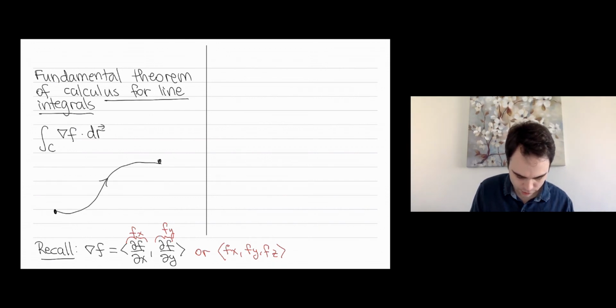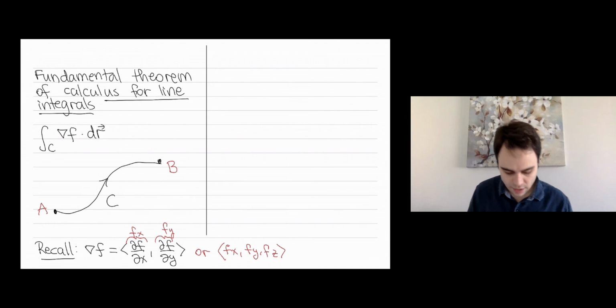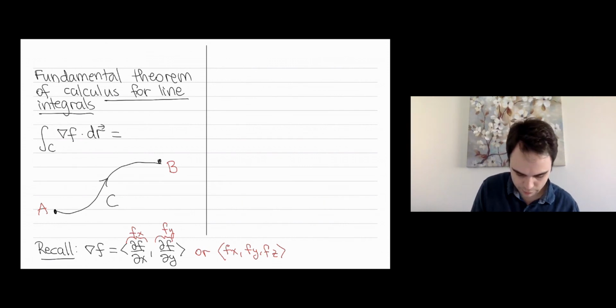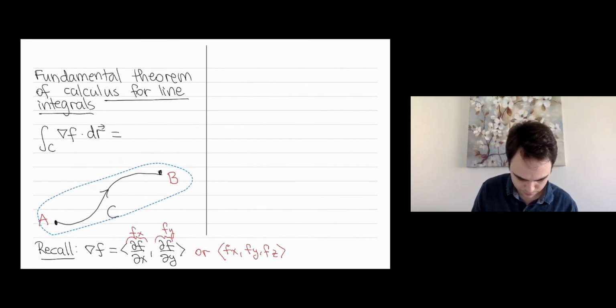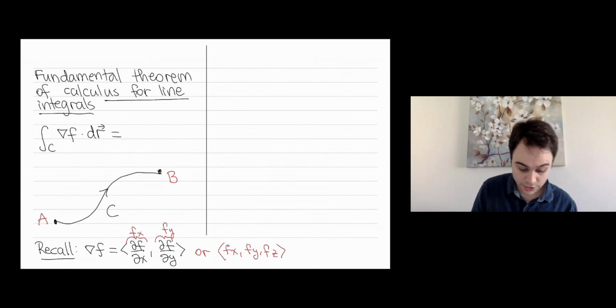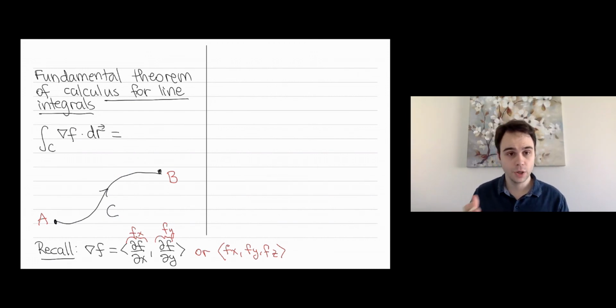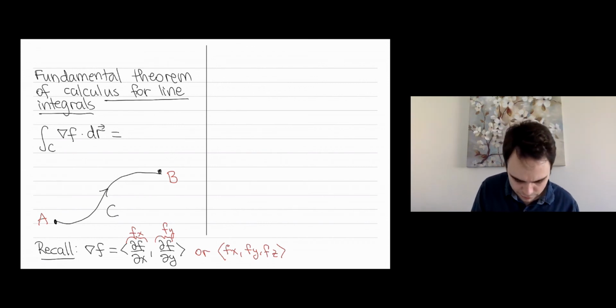Let's say this is our curve C, the starting point is A and the end point is B. According to the fundamental theorem of calculus for line integrals, the integral of the gradient of a function over this curve with respect to dr, because the gradient is a vector field, is just equal to the value of the function at the end point minus the value of the function at the starting point.